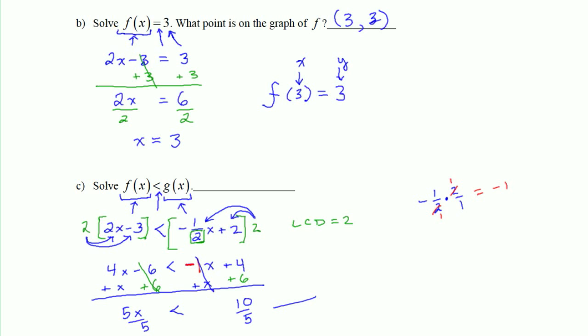Since 5 is positive, that does not flip the inequality symbol. I get x is less than 2, which I can express either in interval notation as the set from -infinity up to 2, or using set builder notation as the set of all x such that x is less than 2.